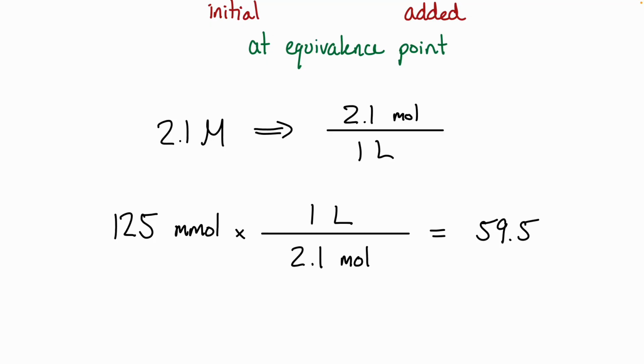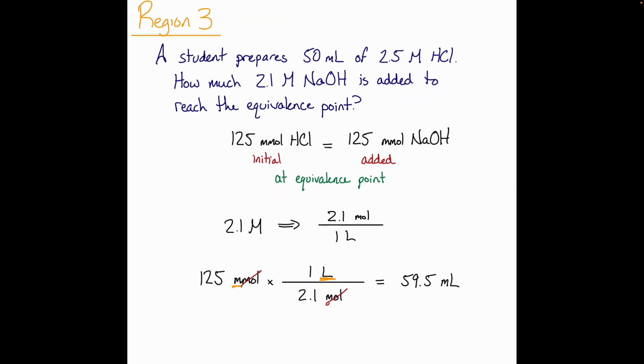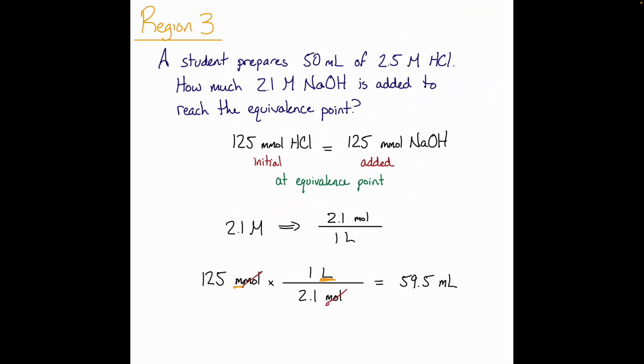What are my units here? Does anything cancel out? What cancels out? The moles. All right, let's get rid of the moles. So what are we left with? Milli and liters. So 59.5 milliliters will be my volume added. And that's how much of that base I had to add in order to get to that equivalence point.